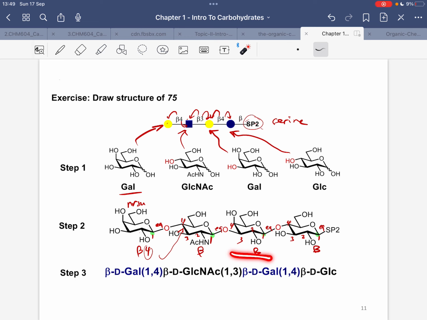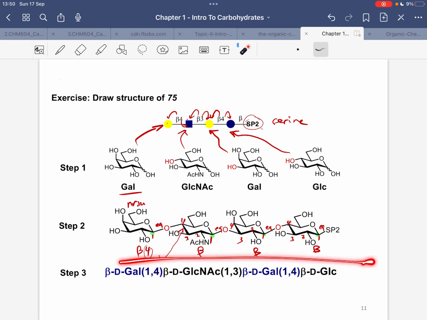Relative to the galactose here and glucose here, the blue circle, and it's beta relative to the protein here because the bond orientation along the anomeric carbon is equatorial. And if you name it, it's going to be beta-D-galactose, 1,4 linkage to beta-D.